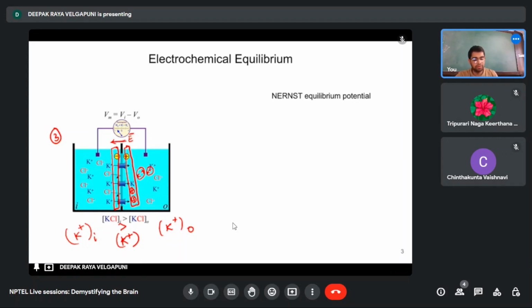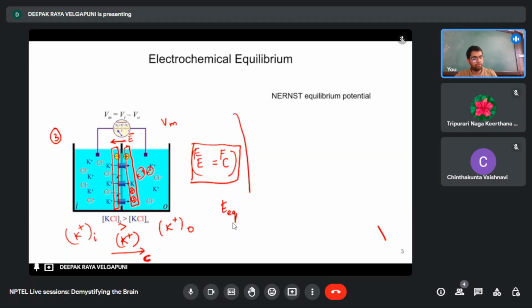Therefore, there is an electric field like this and a chemical gradient from I to O. This process goes on until the chemical force and the electric force are equal, the force due to the electrical difference and the force due to the chemical gradient. Once it stabilizes, at this point there is still a charge separation across the membrane, and this causes a potential difference, called Vm, which is generally called the equilibrium potential.